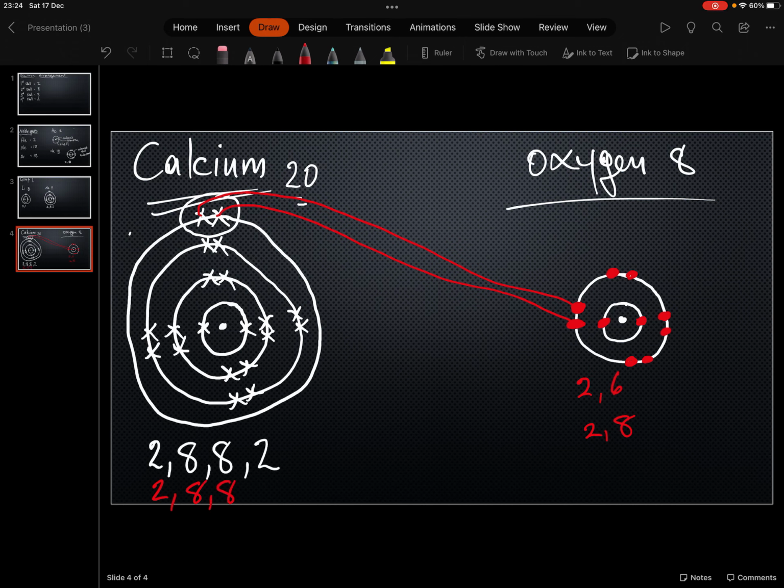Calcium is now Ca2+ because it gave away 2 electrons, and oxygen is now O2-. So calcium forms a positive ion and oxygen forms a negative ion because it has accepted electrons.